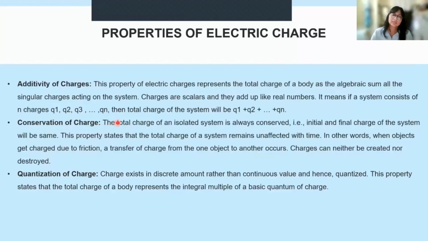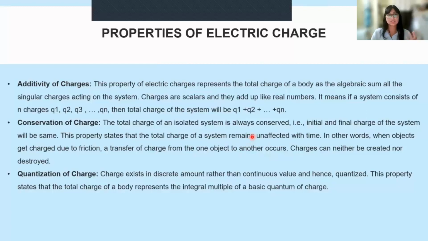Next is conservation of charges. The total charge of an isolated system is always conserved. That means the initial and the final charge of the system will be the same. They might be distributed, they might be polarized, but if there is some amount of charge, that amount of charge will stay the same. It is neither created nor destroyed. Charge cannot be created or destroyed, so it is conserved.